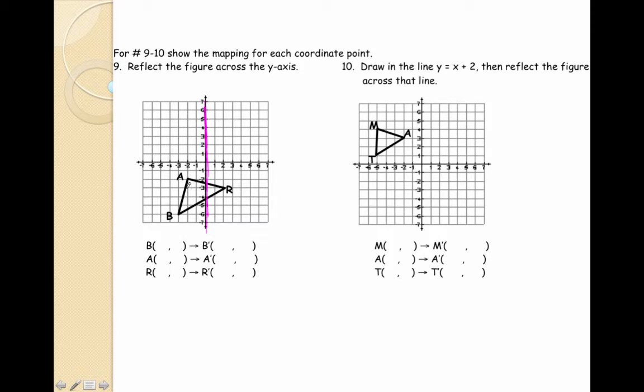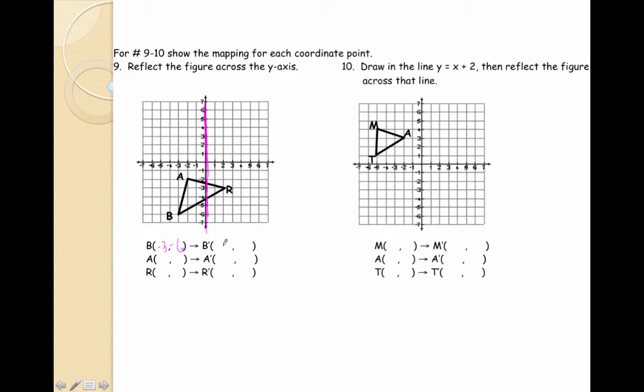So, well, I guess we'll do B first since this is listed B A R. B is -3, -6. Now when I flip over the y-axis, you may have sorted out by now, it's just going to change the sign of my x value and my y value will stay the same.